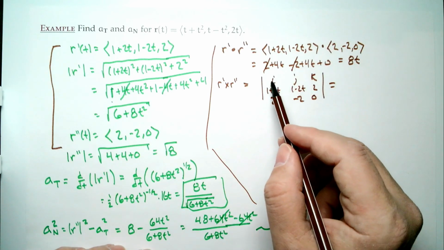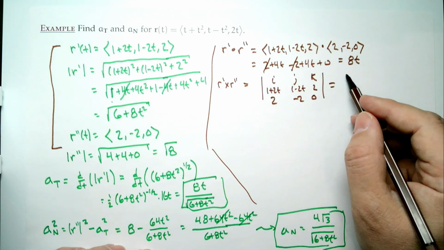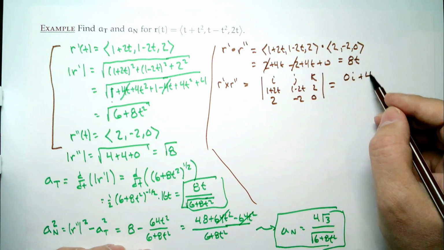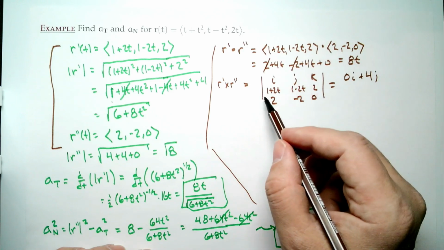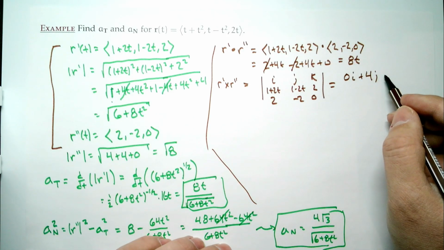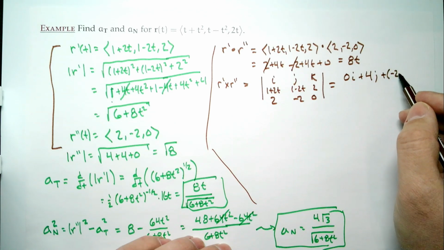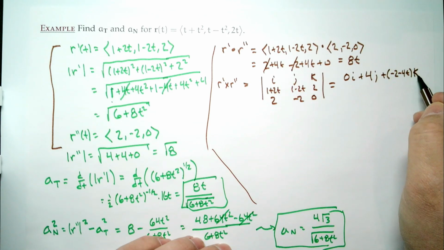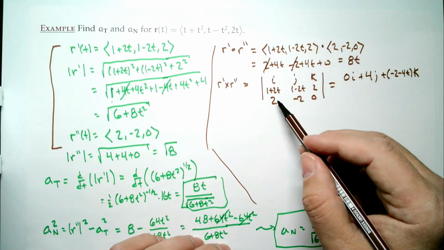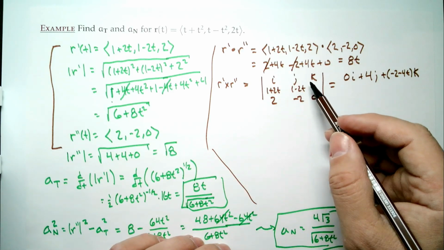So, here we go, i, 1 minus 2t, 0, that's 0i. j, 2, 2, 4j. k, 1 plus 2t, minus 2. So that's, well, I'll say plus, minus 2 minus 4t, k. Going the other direction, and then we're going to have 2, 1 minus 2t, k.